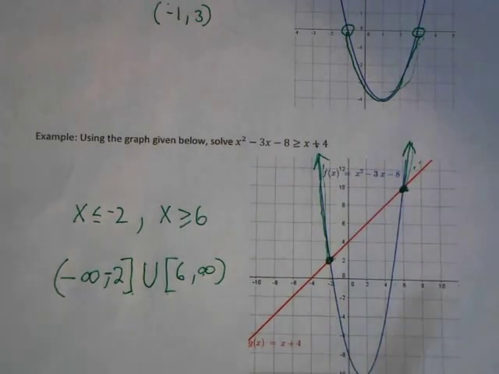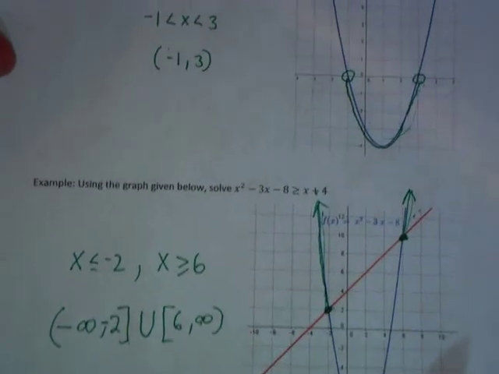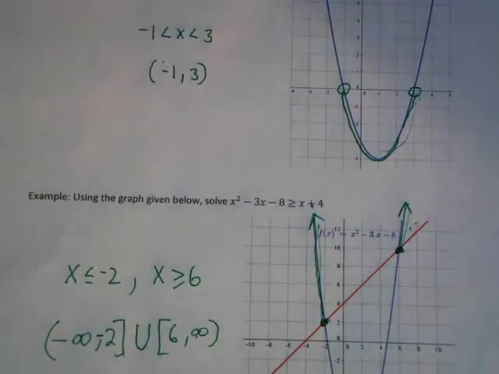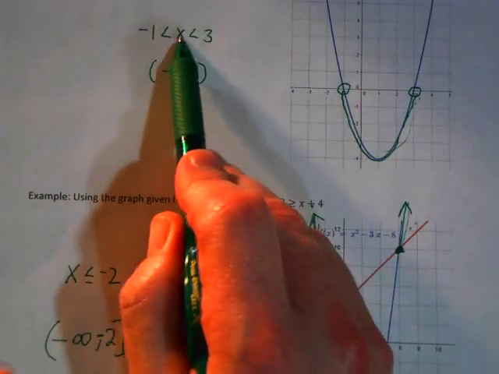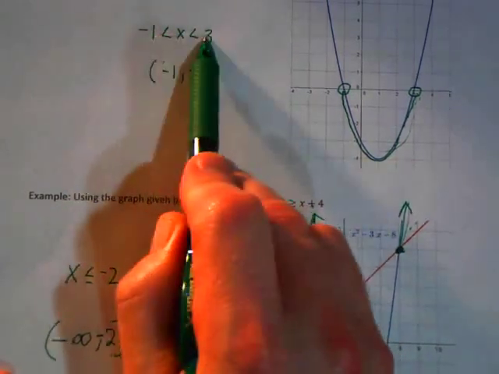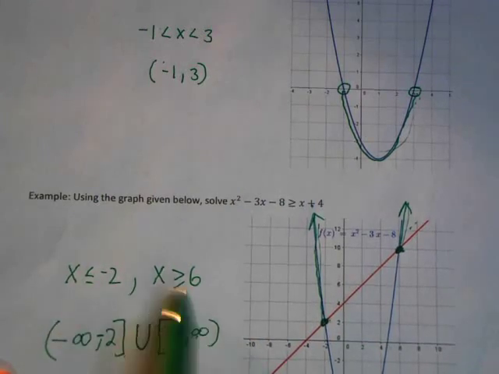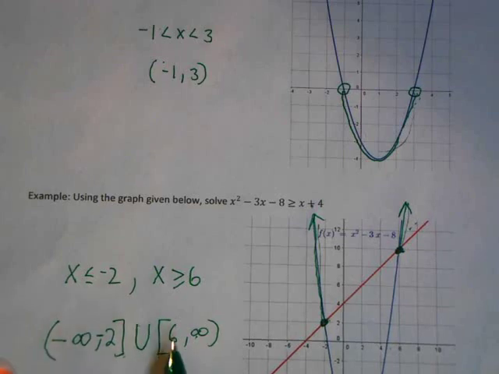All right, the thing to notice with these two answers is that we get two different types of answers for these problems. Sometimes we get one answer where x is stuck in between two numbers, and sometimes we get what really looks like two different answers where x starts someplace and goes to the left, and x starts someplace and goes to the right.